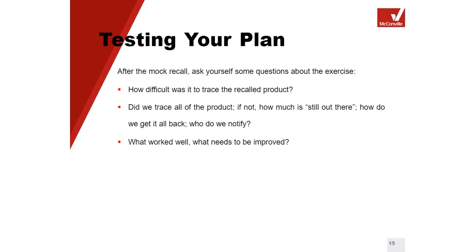So for a food processing business, traceability should extend to being able to identify all the sources of food input. So that's raw materials, additives, other ingredients, packaging, those sorts of things.